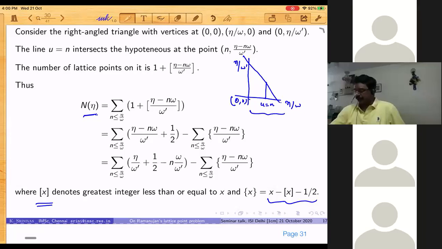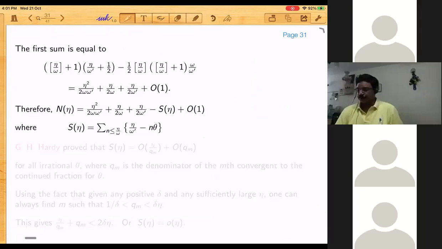And therefore, this first sum is estimated trivially. Notice that the first sum is nothing but the number of terms times this one.